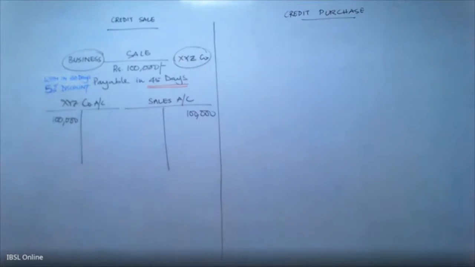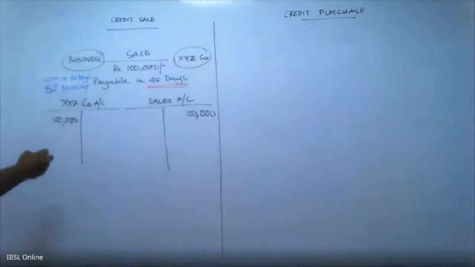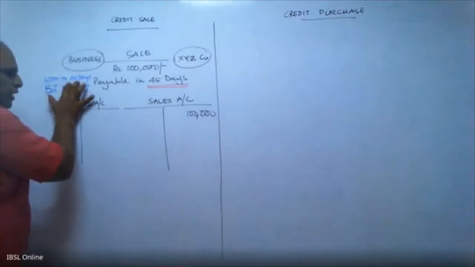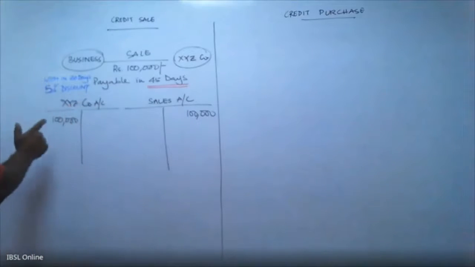So if the customer is really interested to enjoy this discount, what he needs to do is pay this before 30 days or on the 30th day to enjoy a discount of 5% of 100,000.